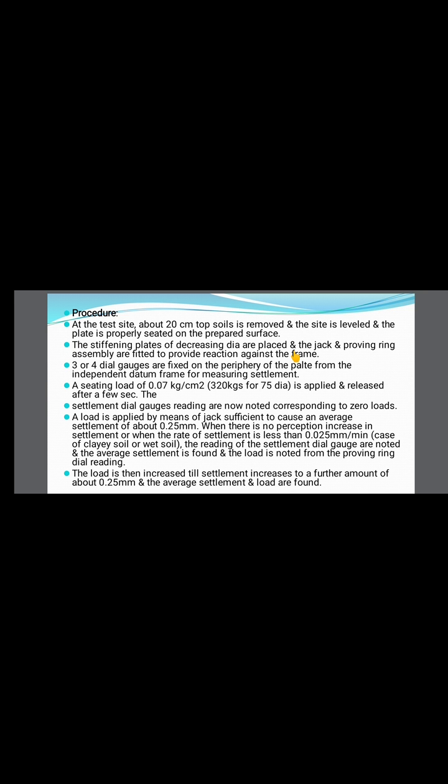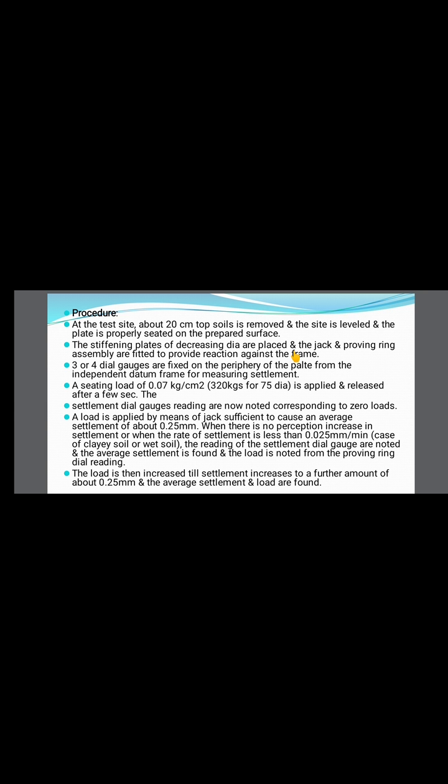These plates are arranged on the surface in decreasing order of diameter. Then the jack and the proving ring have to be attached. 3 or 4 dial gauges are fixed on the periphery of the plate from the independent datum frame for measurement of the settlement.